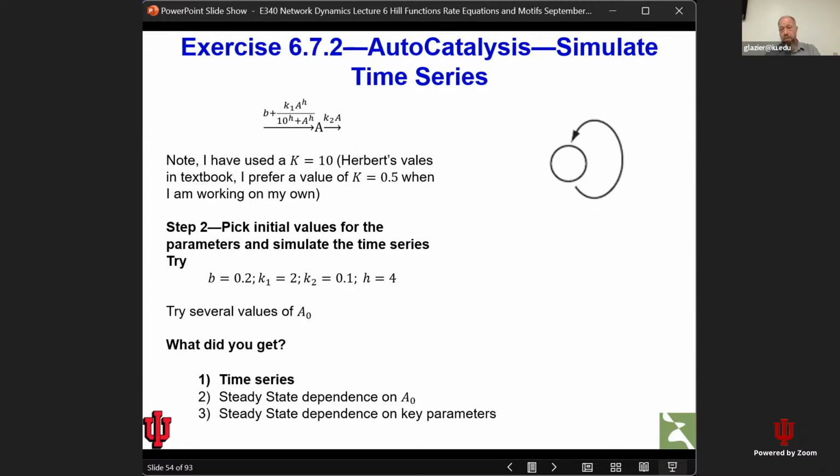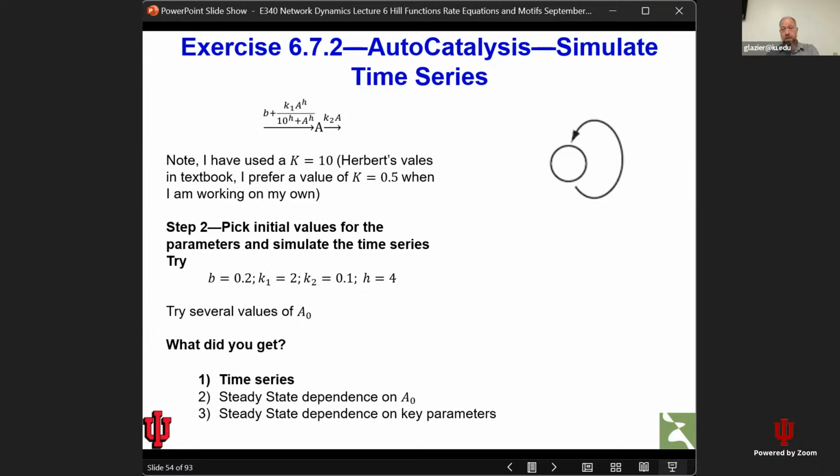So now I'd like people to write that reaction, that chemical reaction, and simulate that time series for that. Okay, so now take that reaction law, that chemical reaction, and write it in antimony and simulate it.